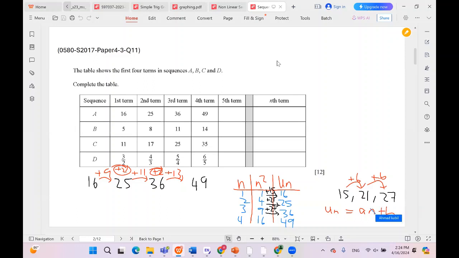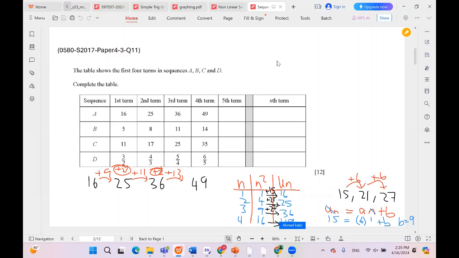When n is 1, un is 15. And the a is always 6. So we can get the b. 15 minus 6 tells us that b equals 9, because 15 minus 6 is 9. So therefore, the sequence here is 6n plus 9.